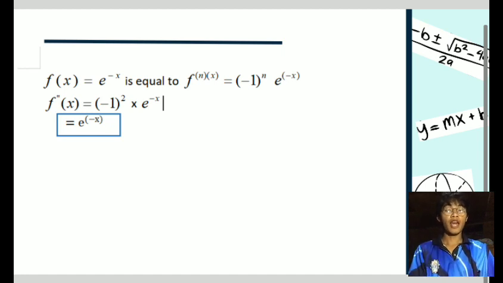So it will become f double prime of x is equal to negative 1 raised to 2 times e to the negative x. Then to simplify, we get e raised to negative x.